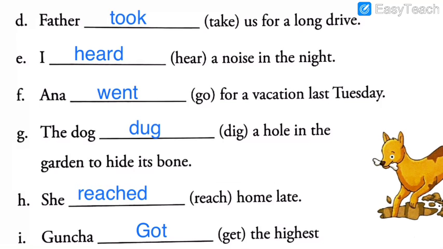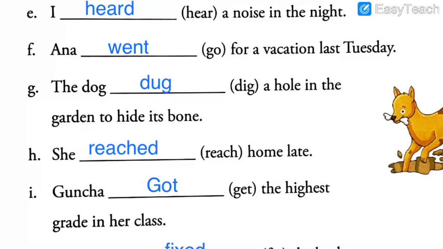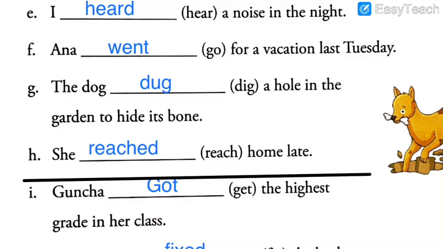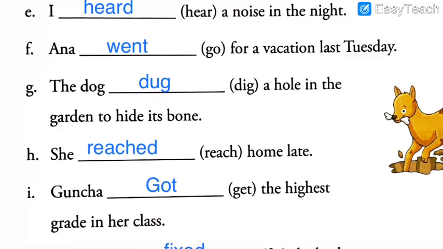So, it is not born, it is bone. So, there is a difference, and that is the reason why I am asking you to repeat after me and clear your pronunciation. Sentence H. She reached home late. Okay.